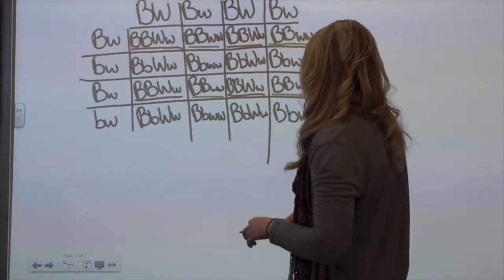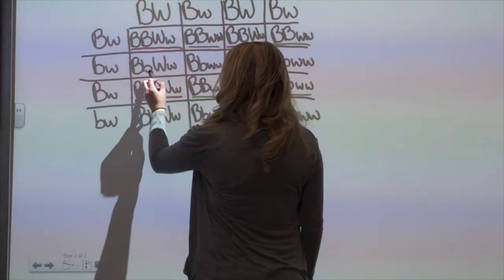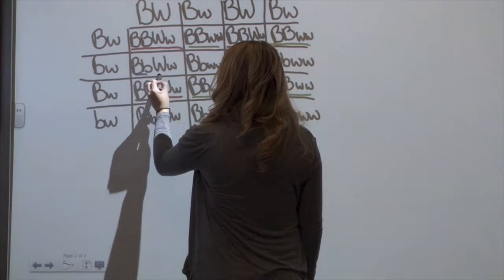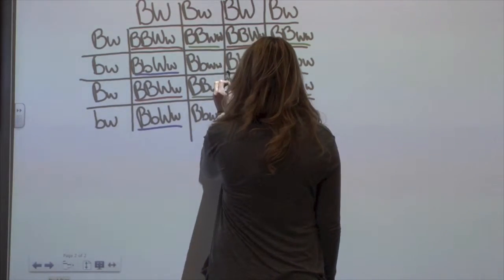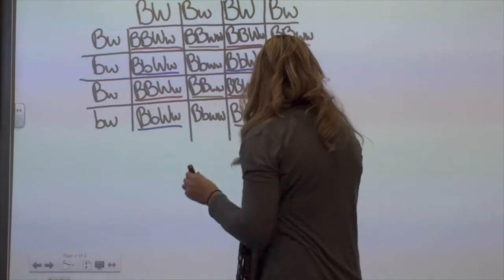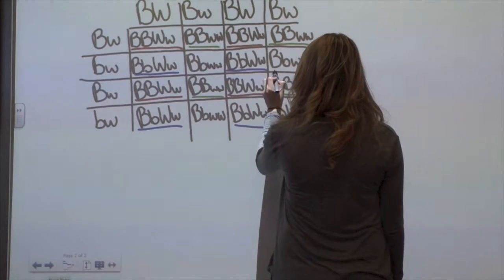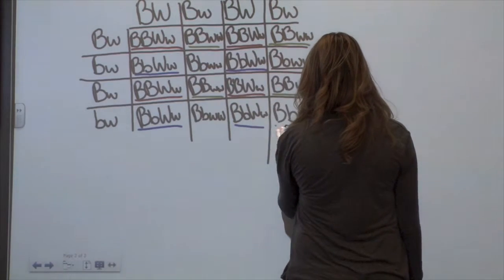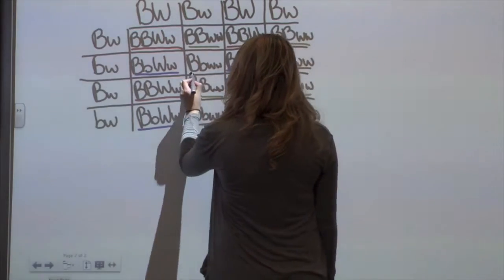Okay, then I'll do the alternating: the big B, the little b, the big W, and the little w will be blue. And then the last one I'll just have be black. So the last one's big B, little b, and then two little w's.